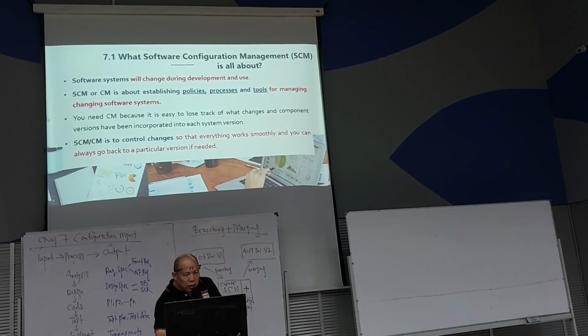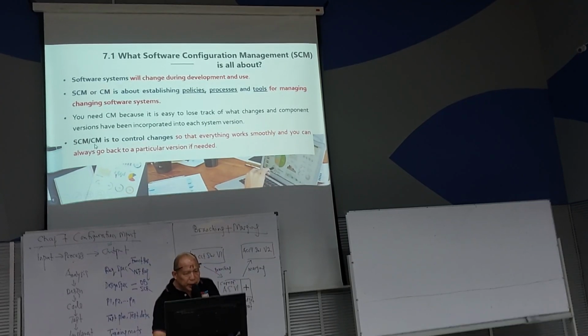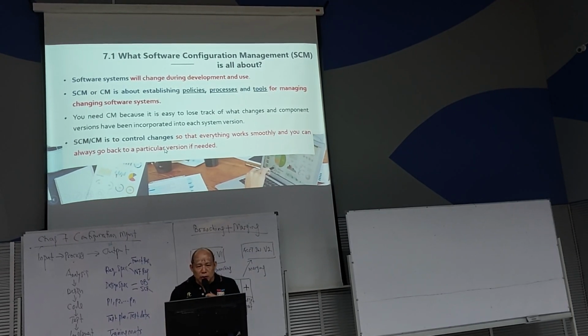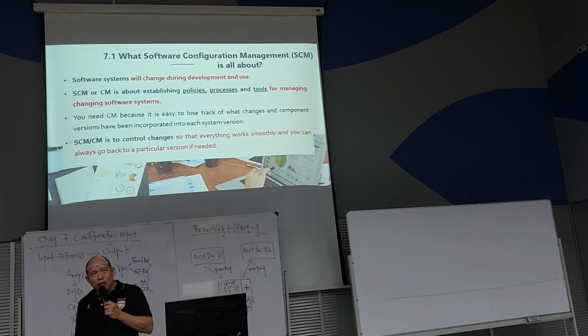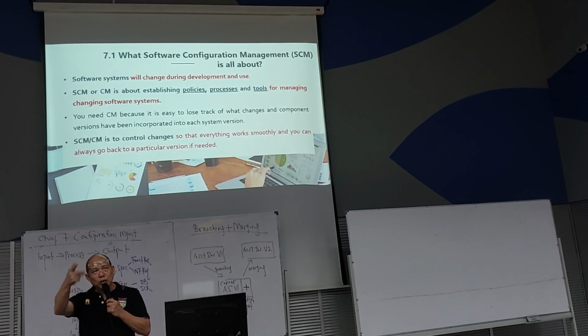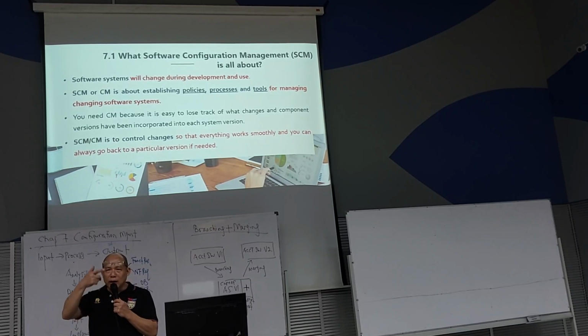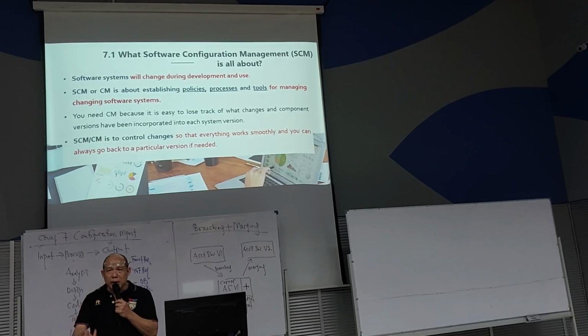Alright, software configuration management, or you can just call it configuration management, is to control changes so that everything works smoothly and you can go back to a particular version if needed. So any changes need to be controlled. If there's a change and there's no control, a lot of confusion will happen. For students who are doing a group project, you may be sharing the database.